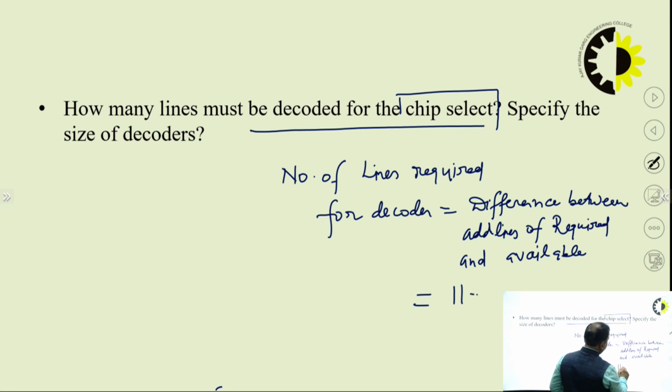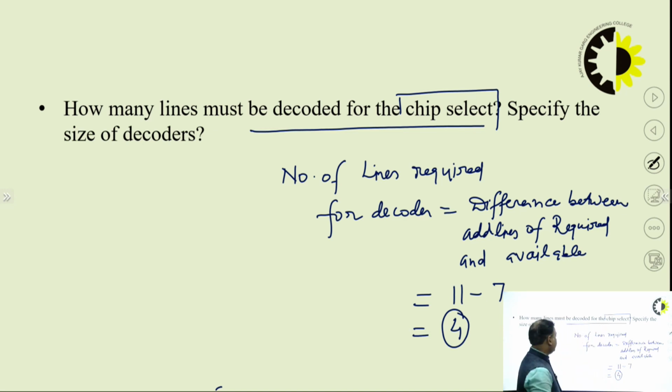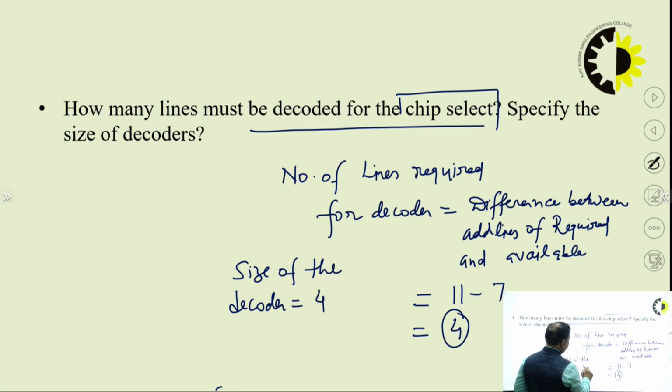So, 11 minus 7 equals 4. So, the size of the decoder is 4 into 2 to the power 4, that is 4 into 16 size of decoder is required.